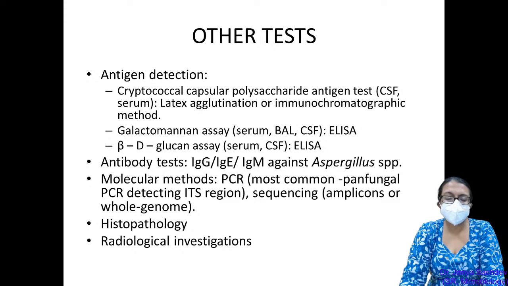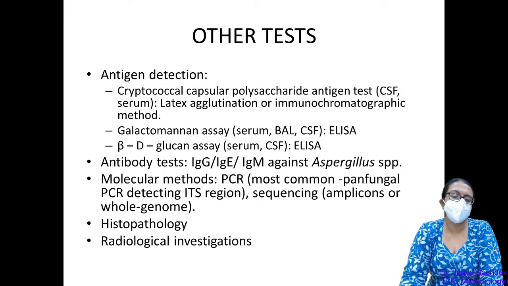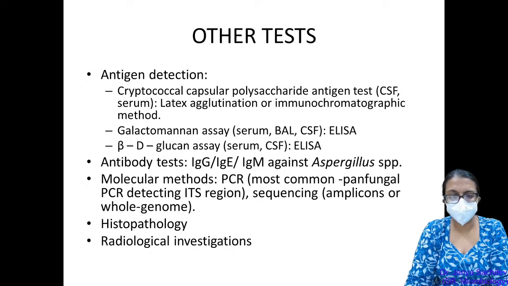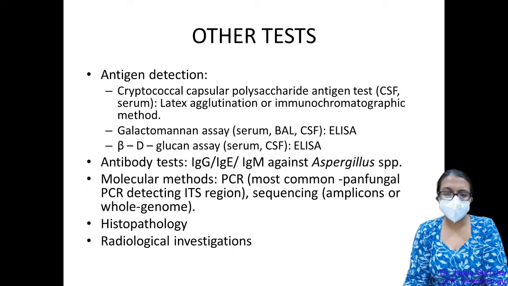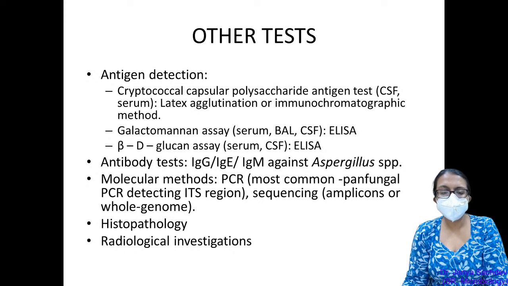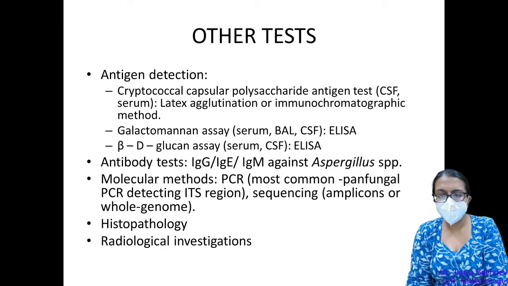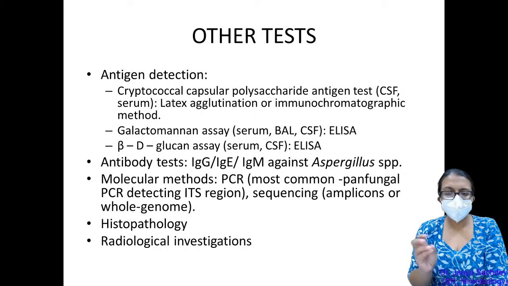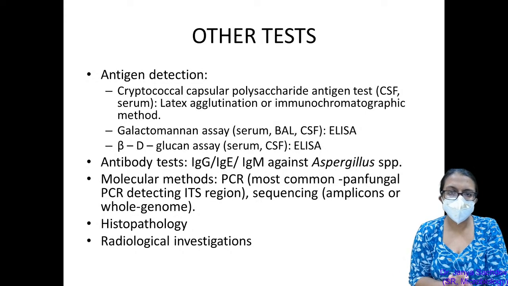For example, one of the most common antigen detection tests we do, and one of the oldest ones developed in fungal diagnosis, is the cryptococcal capsular polysaccharide antigen test, where latex particles are coated with antibody to the cryptococcal antigen, or these antibodies are immobilized on a nitrocellulose strip, like a rapid test. Then we add CSF or serum after an appropriate pre-treatment protocol.